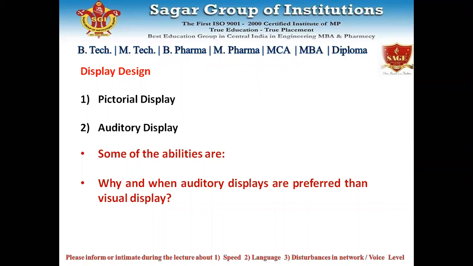A pictorial display shows the object or item easily, for example photographs, television screens, radar scope, flow diagrams, maps.